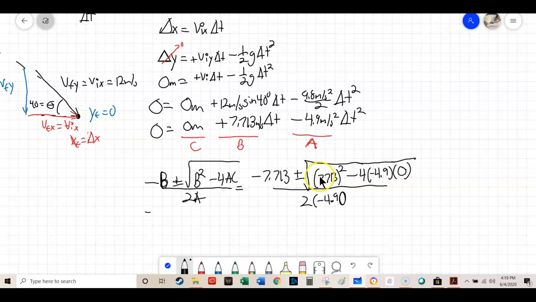So this is going to be the square root of 7.713 squared, so negative 7.713 plus or minus 7.713, all over 2 times negative 4.9, so negative 9.8.